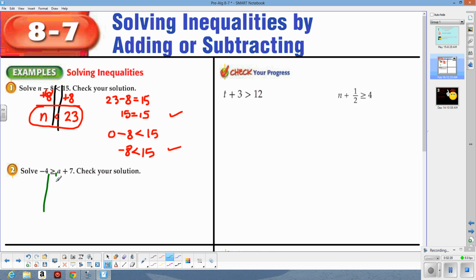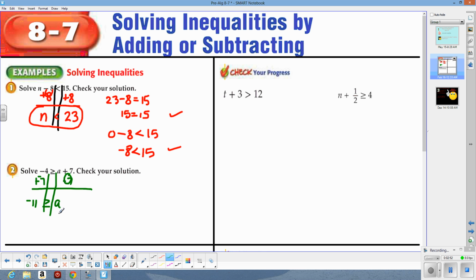Draw your train tracks. Now to get a by itself, I'm going to get rid of this plus 7 by subtracting 7 from both sides. Negative 4 take away 7, or negative 4 plus a negative 7, is negative 11, is greater than or equal to, and this is going to end up disappearing, and I'm left with just a.